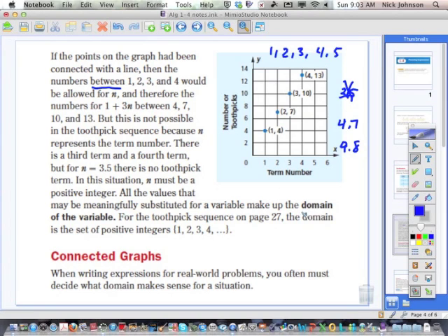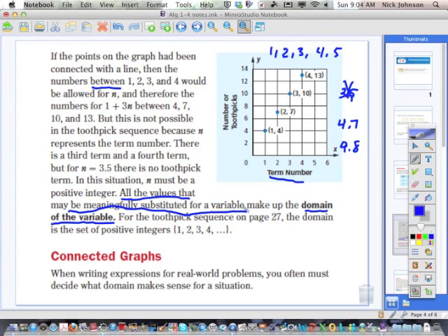So, the term number is what we call the domain of the variable. The domain of the variable is all the values that may be meaningfully substituted for a variable. You're going to want to write that down.